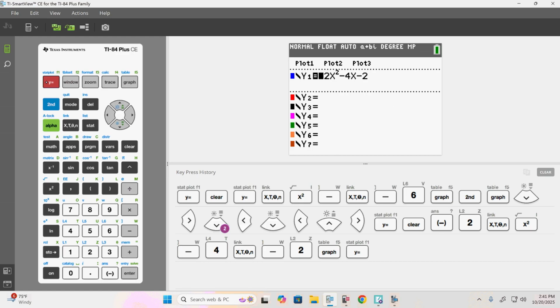So we got to hit x first, our button next to alpha. And then we can do the square. So it'd be negative 2, then our button next to alpha, x squared minus 4x minus 2. Then we'd hit graph.